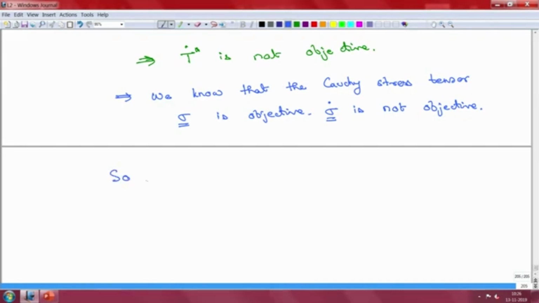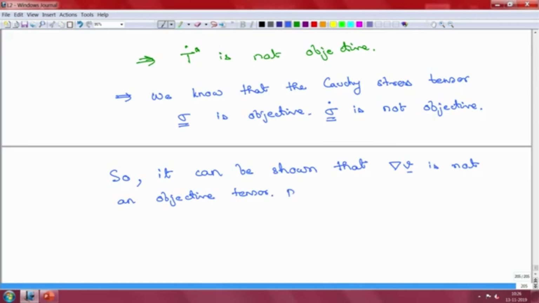So, it can be shown that the gradient of velocity is not an objective tensor. Okay. But the gradient of V plus the gradient of V transpose is objective.